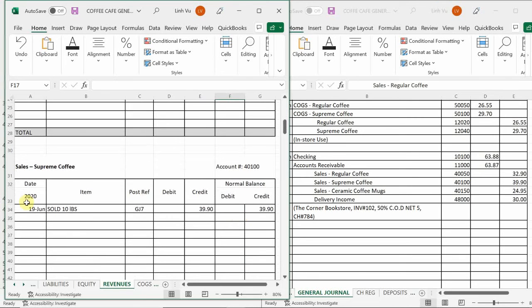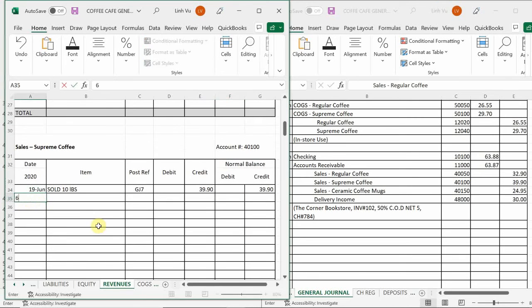How many pounds of the Supreme coffee did we sell? The Supreme coffee was 10 pounds. For how much? That was $39.90. So what's my grand total balance here?